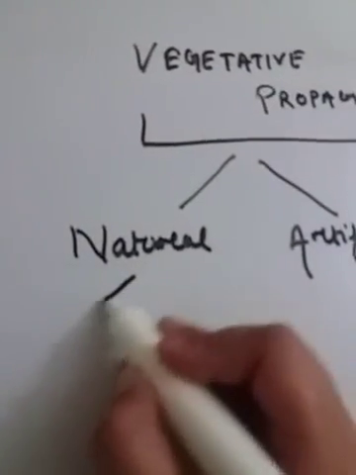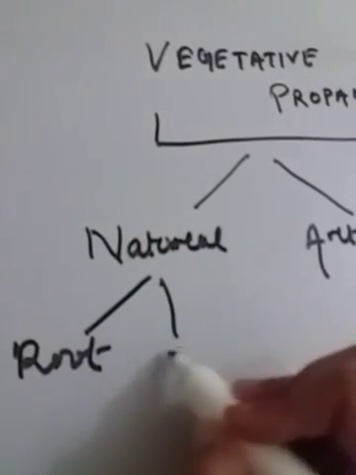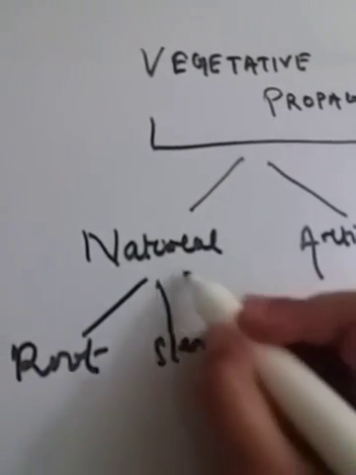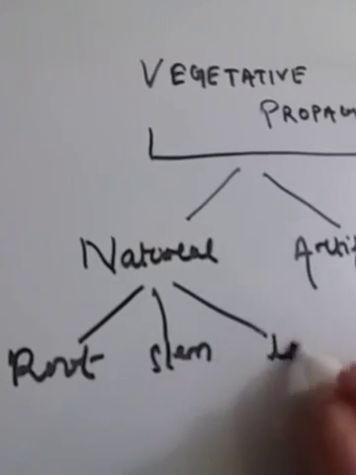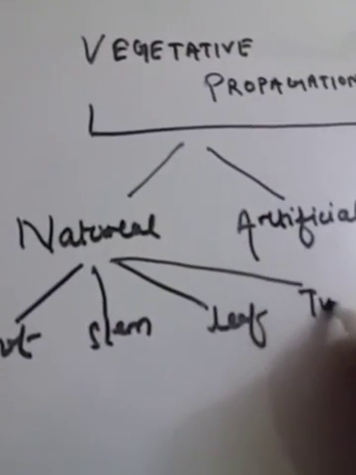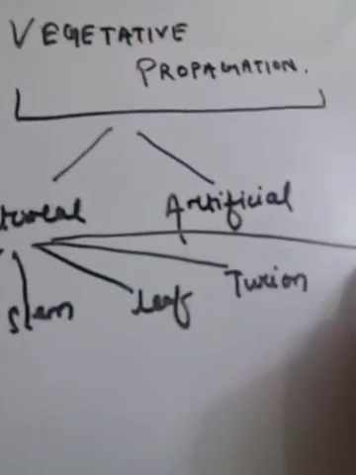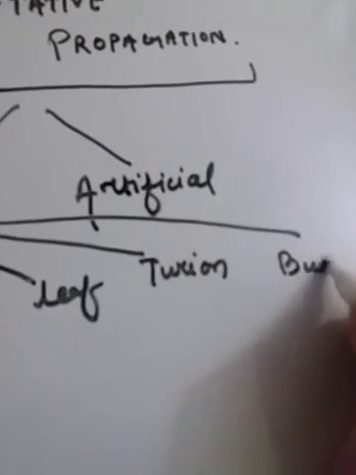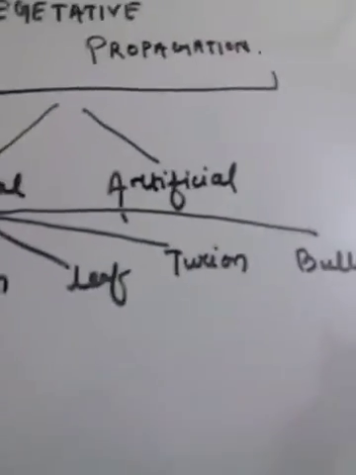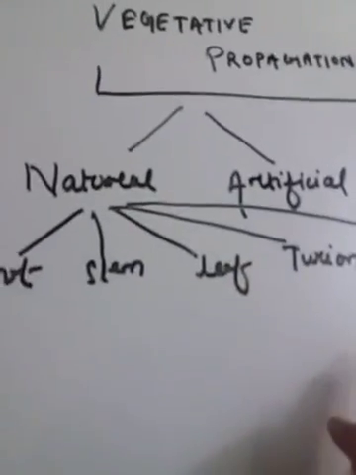Then natural is divided into root, stem, leaf, and bulbil. This also I had discussed in the last video. Today we'll see this in a little more detail. First let us discuss natural.